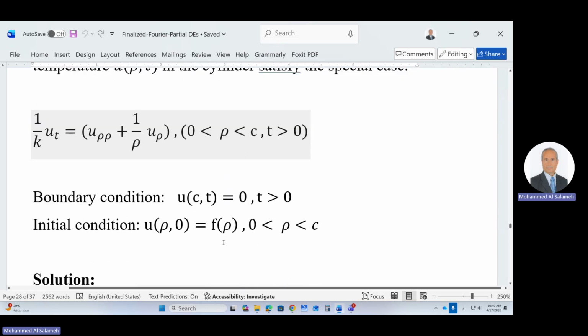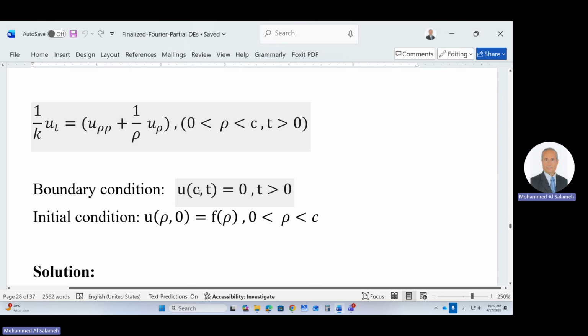The boundary condition: the temperature on the outer surface of the cylinder is equal to 0. The outer surface is characterized by rho equal to c for all times greater than 0. And the initial condition: the temperature at time 0 is a certain distribution, a given function f as a function of rho, where rho varies from 0 to c.